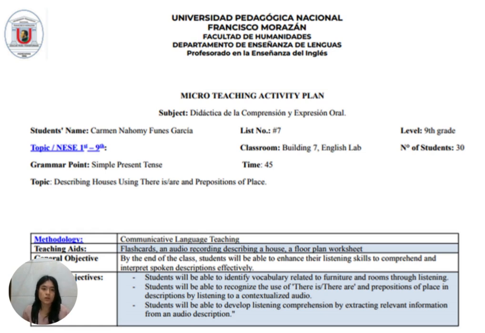The second one is recognizing the use of there is and there are and prepositions of place in descriptions by listening to a contextualized dialogue. And the last one is developing listening comprehension by extracting relevant information from an audio description.